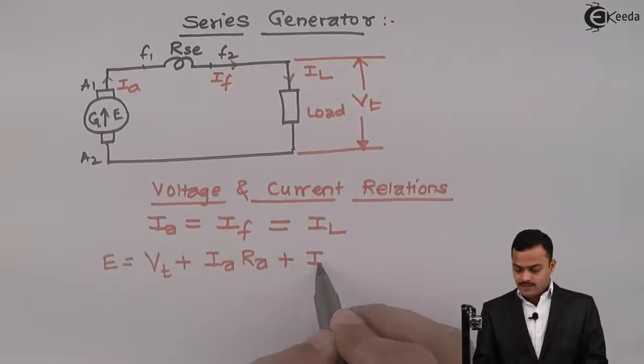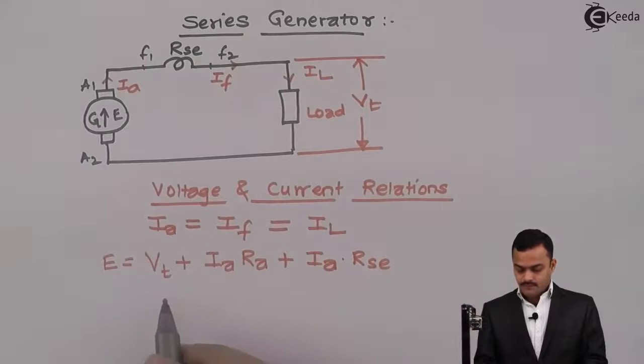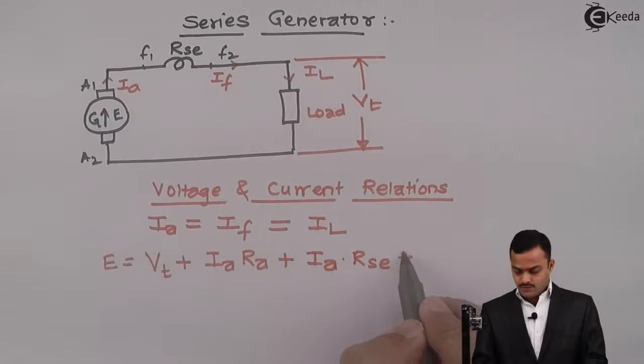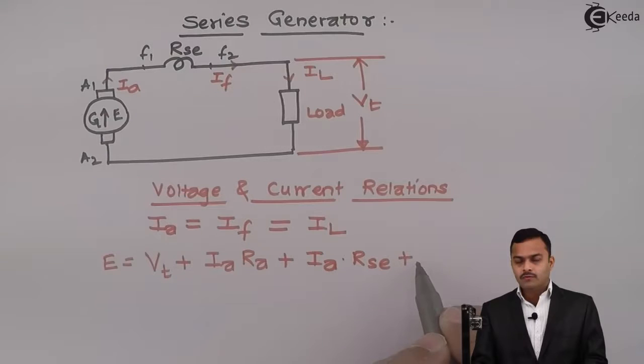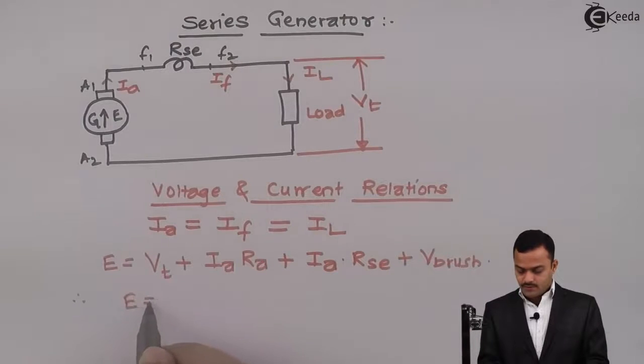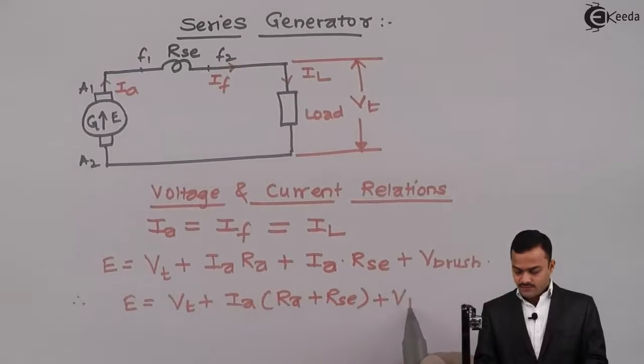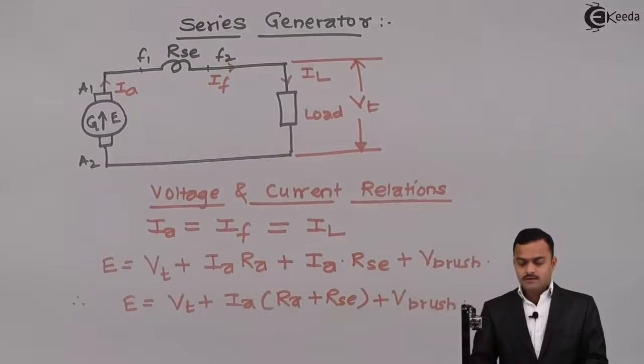So I'll write here it is IA multiplied by RSE, plus a small amount of voltage drop across the brush, V brush. So I can say EMF induced equals VT plus, taking I common, I times bracket RA plus RSE, plus V brush. So this is the EMF equation of a series generator.